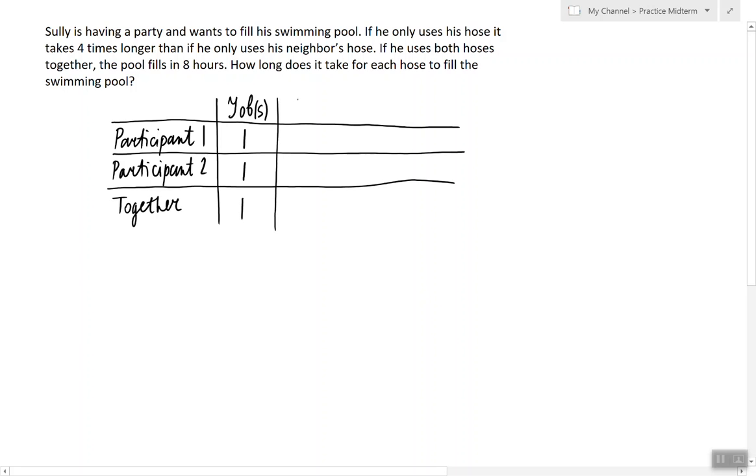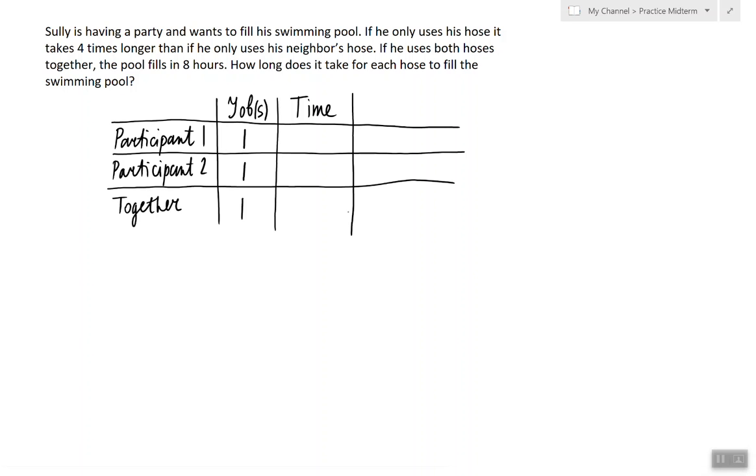In the next column we put time. Time that it takes participant 1 to do that many jobs that are in column 1. In this problem, this is what is unknown, so we have to introduce a variable.